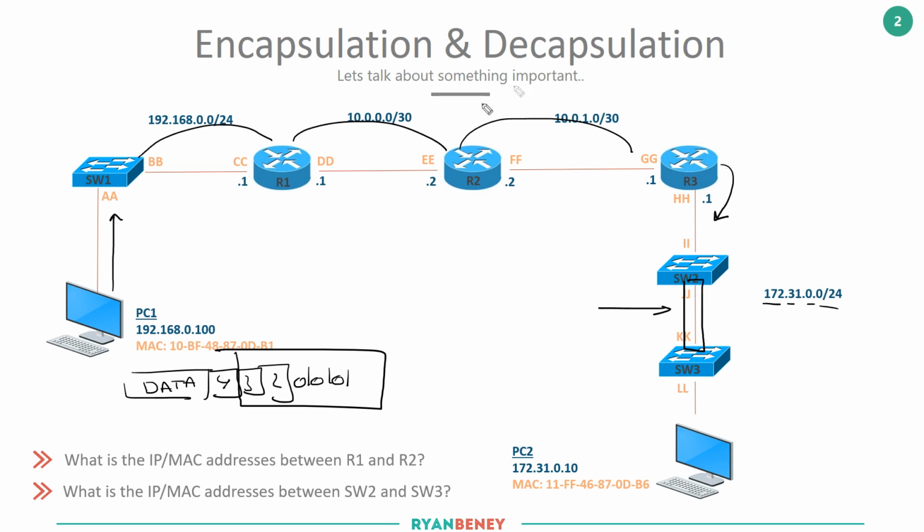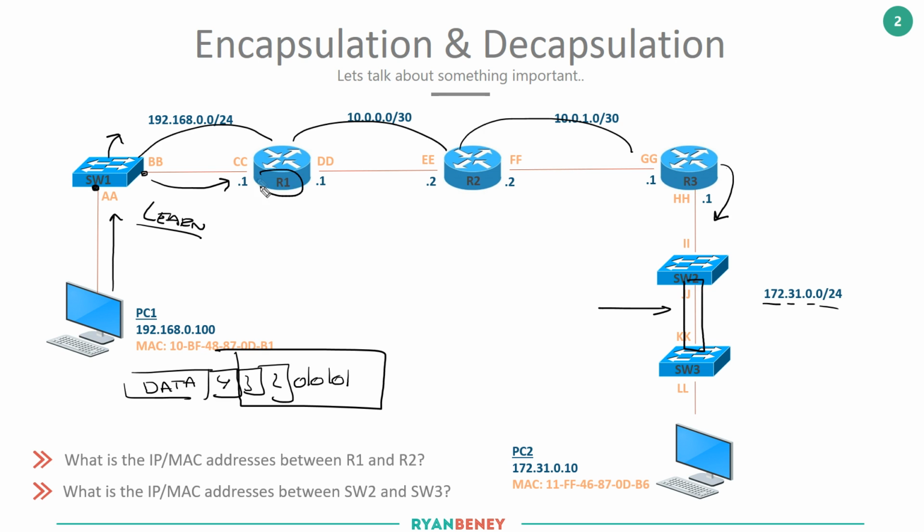What we also need to understand is not only what is happening at the layer 3 and layer 2 headers and why, but are the routers or switches doing anything else? Now we learned previously that when a switch receives a frame in, it learns the source MAC address and then floods it or forwards it out the correct interface depending on the actual destination MAC address.